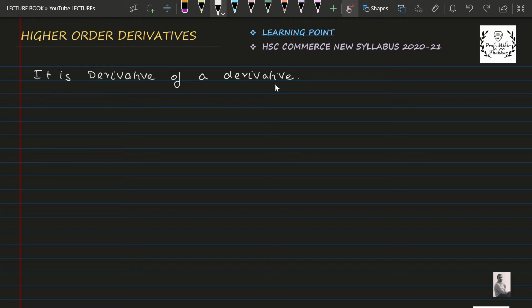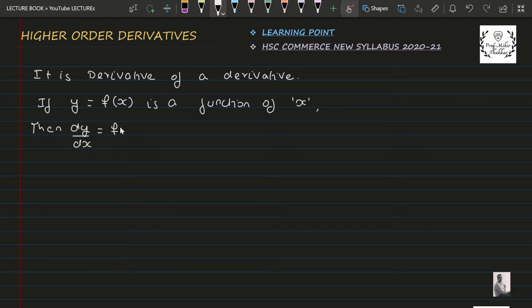Now what does that mean? If y is equal to f(x), a function of x, then you know that dy by dx, which is equal to f dash x, is the derivative of y with respect to x.